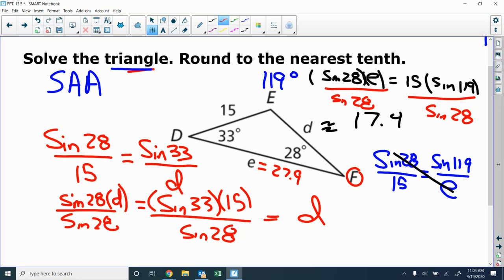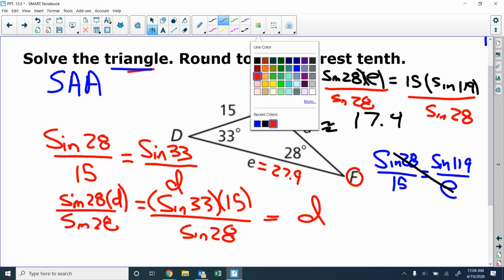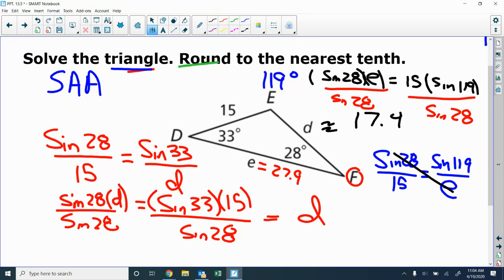Let's take a look at my triangle now and make sure things make sense. Here's my biggest angle. Does it have the biggest side? Well, yes, it does, doesn't it? My smallest angle, F, does it have the smallest side? Yes, it does.